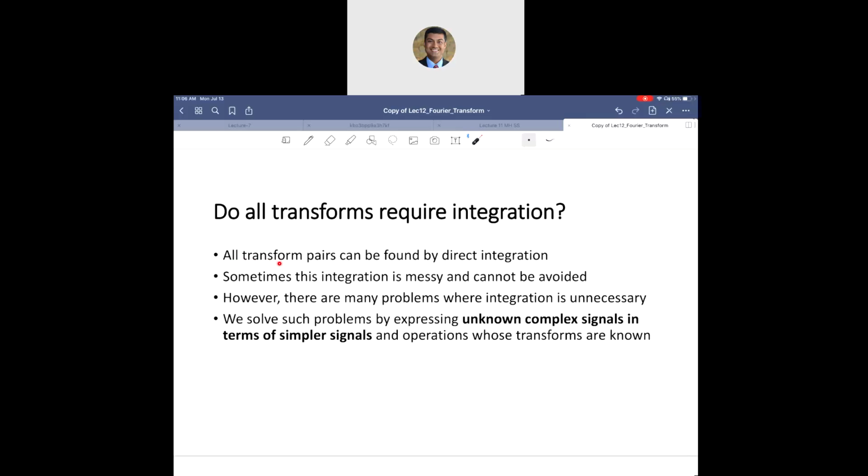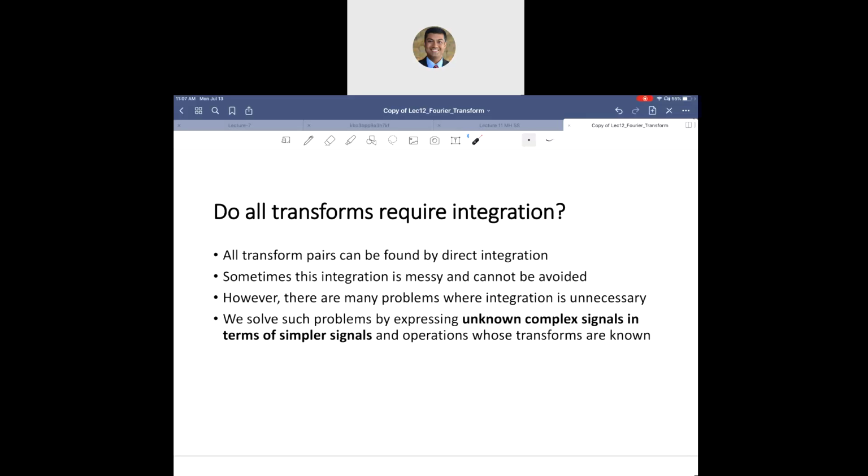Even though all transform pairs can be found by direct integration, which means using the definition of the Fourier transform or inverse Fourier transform, in most cases that integration will be messy. It will either take you too much time, or it will be something you cannot do by hand. And so most times it can be avoided.